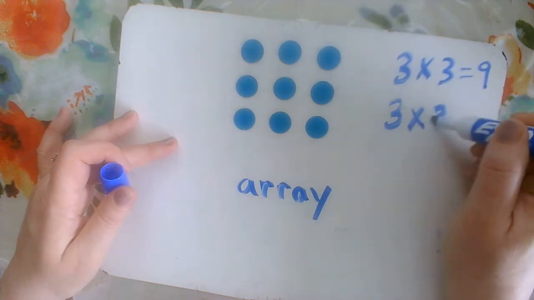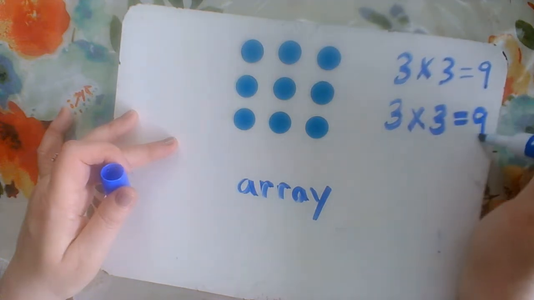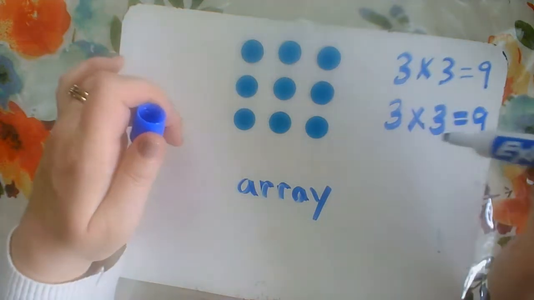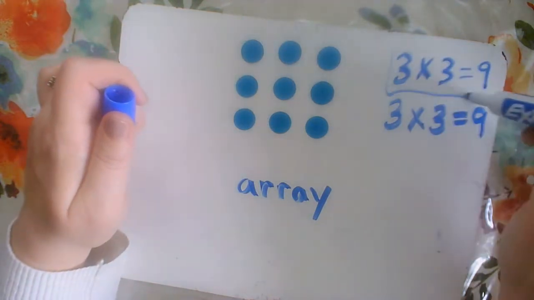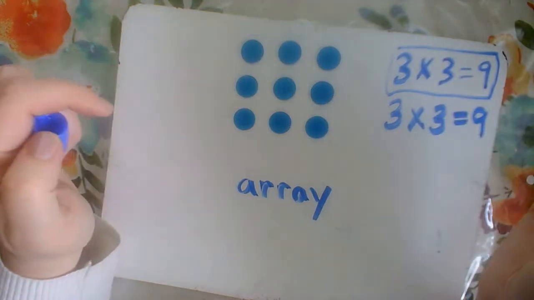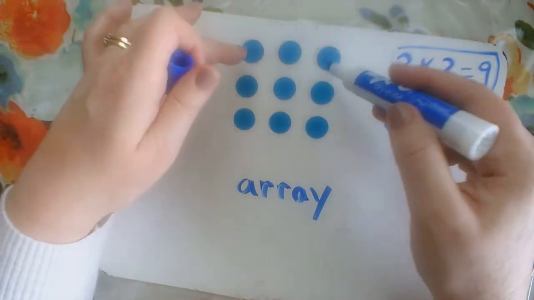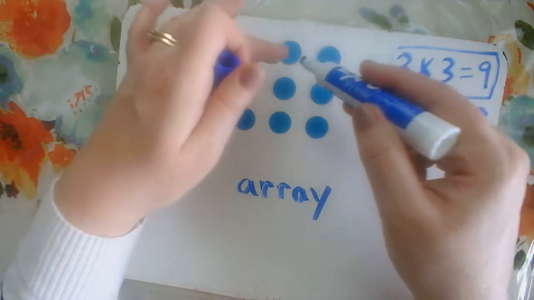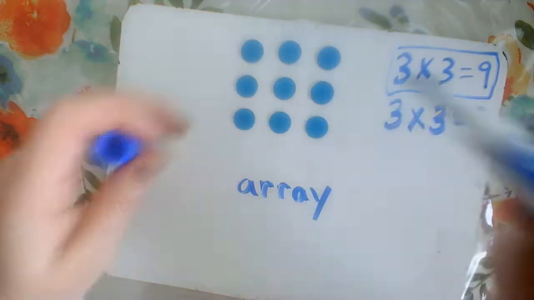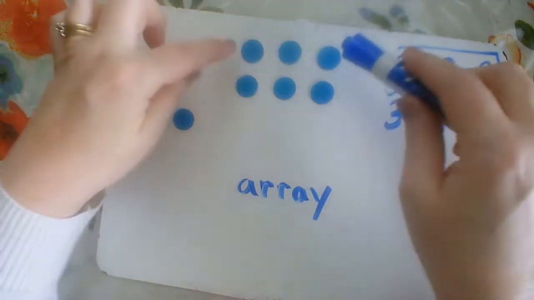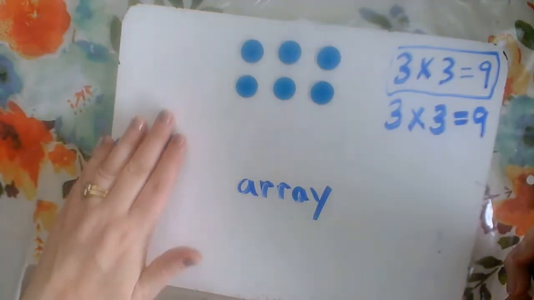So that's also 3 groups of 3. So if our rows and columns are equal, there's actually just one multiplication equation that we can write. Notice when they're equal, it forms a square. Where when they're not, when we had just our 2 rows of 3, it makes a rectangle.